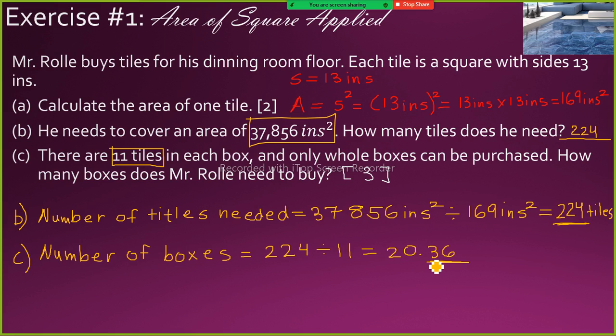How many does he need to ensure that every space is covered? Because he only could get 20 or 21. What do you think?